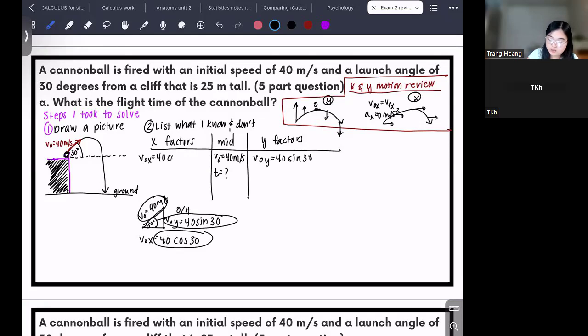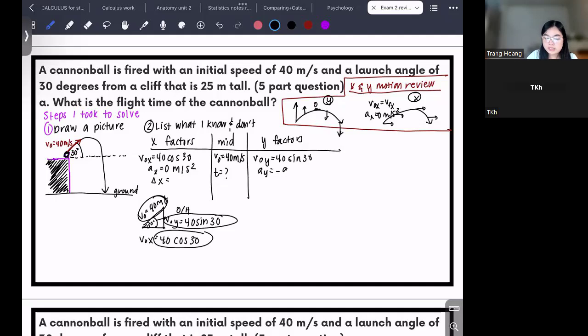V0x is 40 cosine 30. We also know that, like we were talking about earlier, our acceleration in x is going to be 0 meters per second squared. We don't have our change in x, no stitching. We have our acceleration in y, which we know is always going to be the same factor because of free fall.